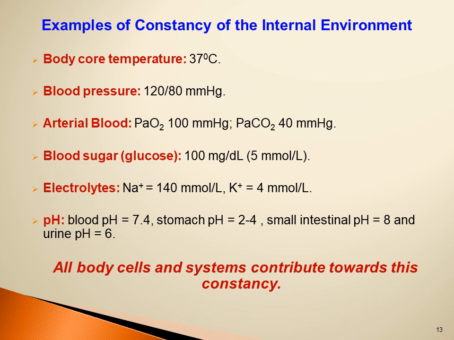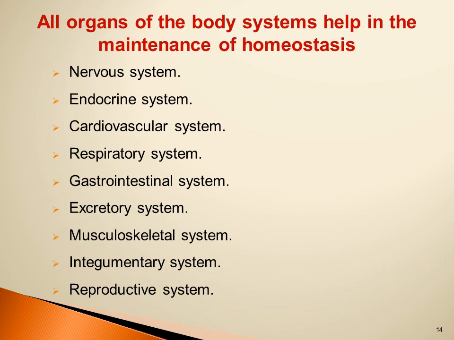All body cells and systems contribute towards this constancy of these different variables. And the organ systems that help in the maintenance of homeostasis are all organ systems, the 12 organ systems, like the nervous system, endocrine system, cardiovascular, respiratory, gastrointestinal, excretory, musculoskeletal, integumentary, reproductive, and so on.